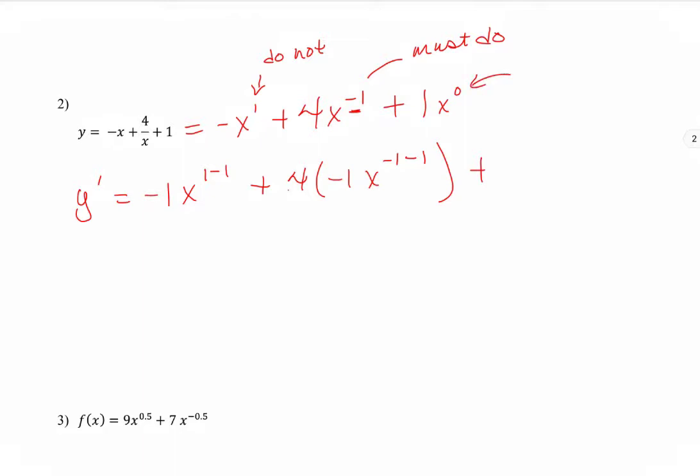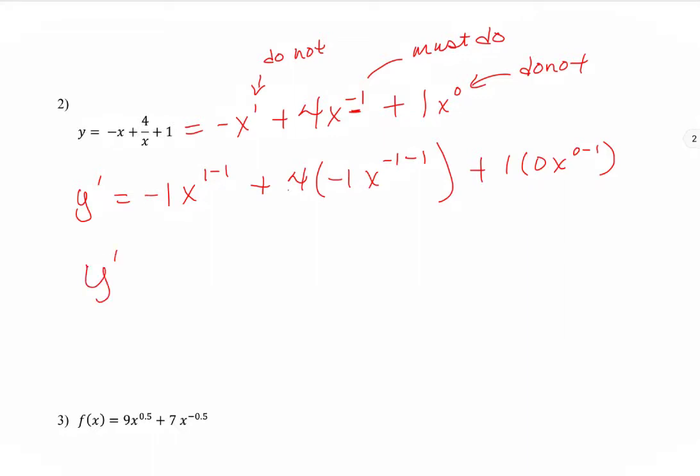And you do not have to do this one. So this is 1 times 0x to the 0 minus 1. So this first term becomes, so y prime, now I'm going to simplify.